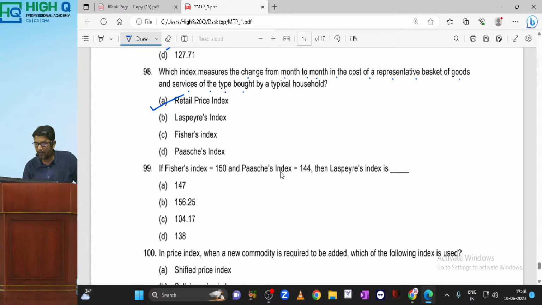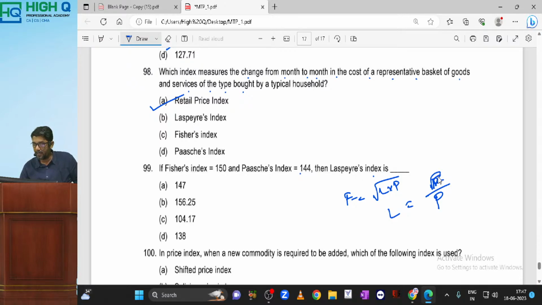Fisher's index is 150, Paasche's is 144. What is Laspeyres'? So Fisher's is equal to root of L into P. Am I right? Say yes or no. So can I say Laspeyres is equal to root of Fisher's divided by Paasche's? What is Paasche's given? Sorry, Fisher's is given as 150.